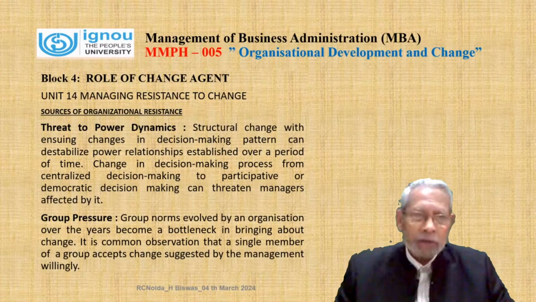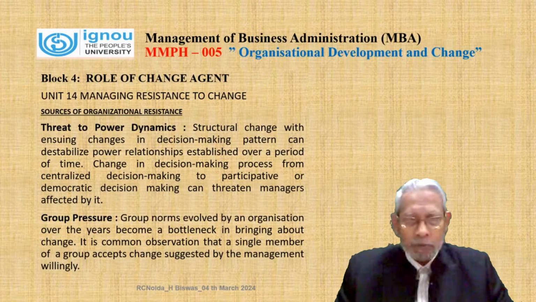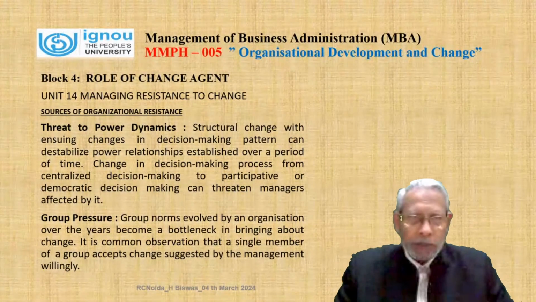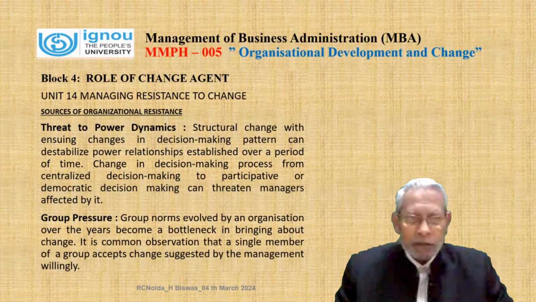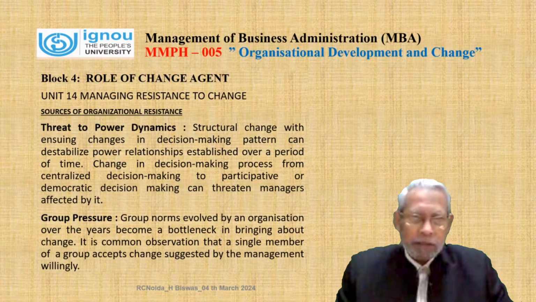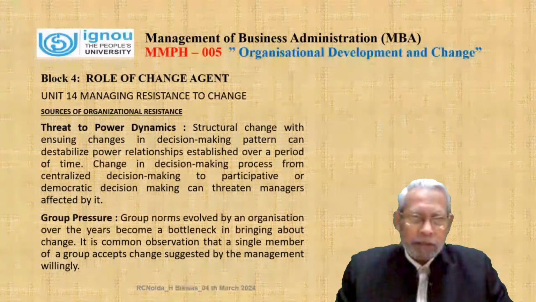Group pressure is also there. The group norms built by the organization over the years become a bottleneck in bringing about change. It is a common observation that a single member may accept what is suggested by the management willingly.